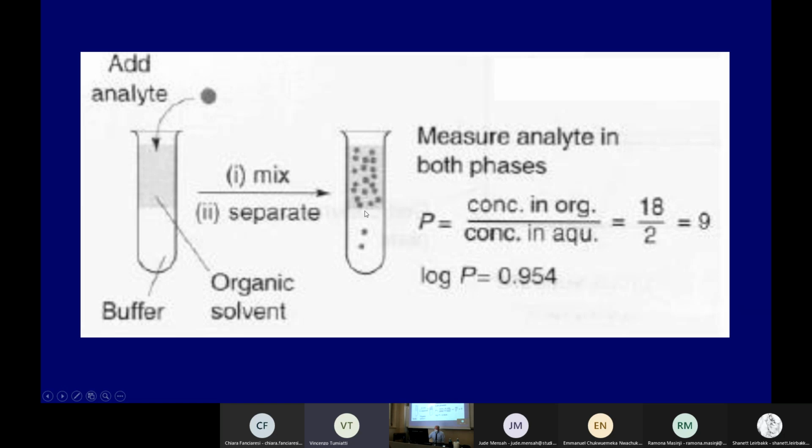Put your drug inside, you mix, and then you have to wait for the separation of the 2 layers again, and then you can measure. The P value is a ratio between the quantity of your compound in the organic phase and the quantity of your compound in the water phase. In this case, you have the value of 9. Log P of 9 is 0.9, and so on.